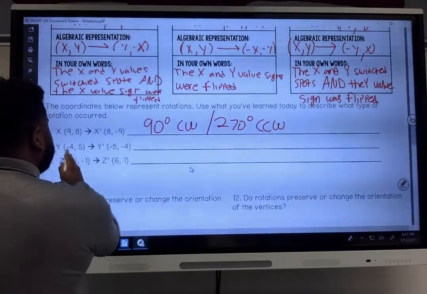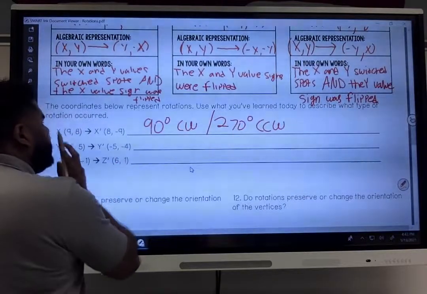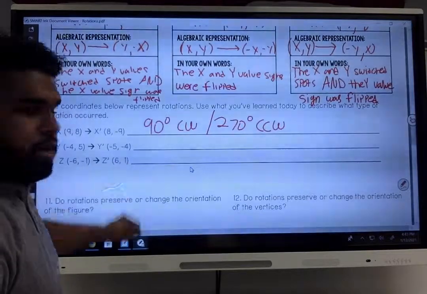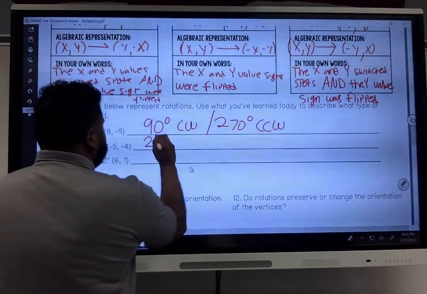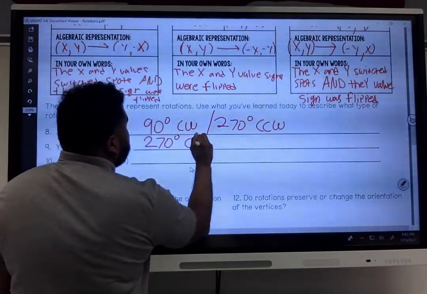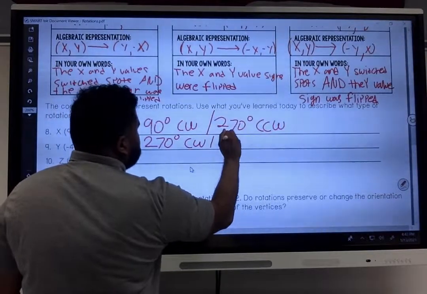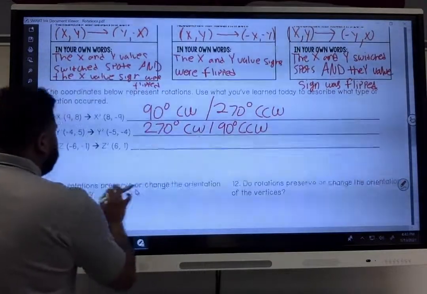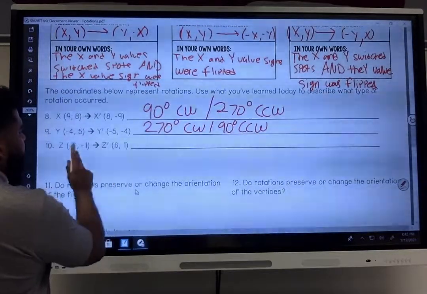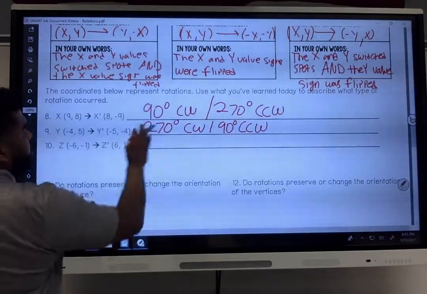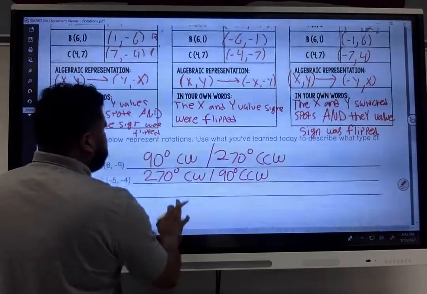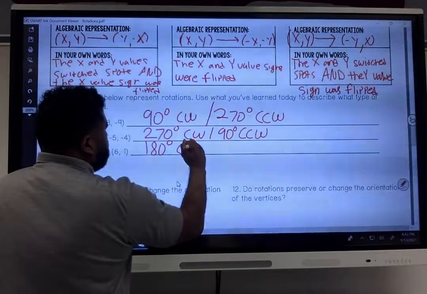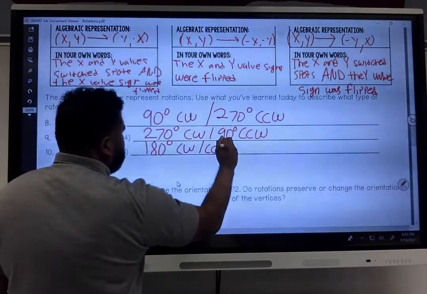They flipped, and this negative 4 stayed at negative 4, so the x value didn't change, but the y value did, right? It changed from a positive 5 to a negative 5. So that means it's a 270-degree clockwise rotation, or CW, or 90-degree CCW counterclockwise. Okay? And this one, they didn't switch spots, but they did flip signs, so that means it's a 180-degree rotation. Okay? And 180 degrees clockwise, the same as counterclockwise as well.